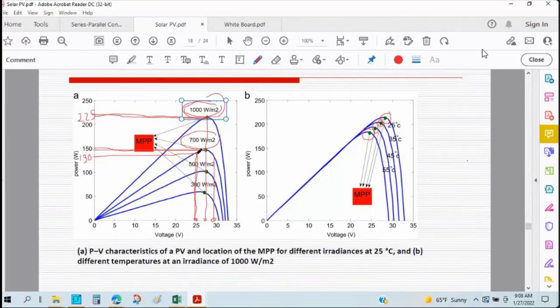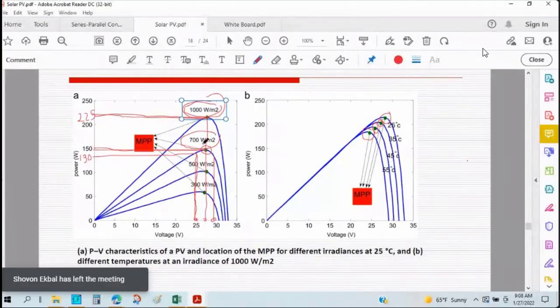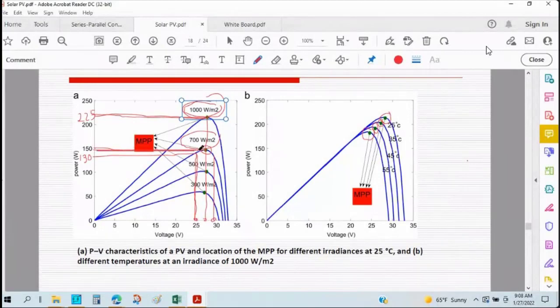The solar panel is capable of generating 150 watt at 25 degrees Celsius and 700 watt per meter square. If we operate the solar panel at a voltage other than the one at which it can generate maximum power, we will get less power.